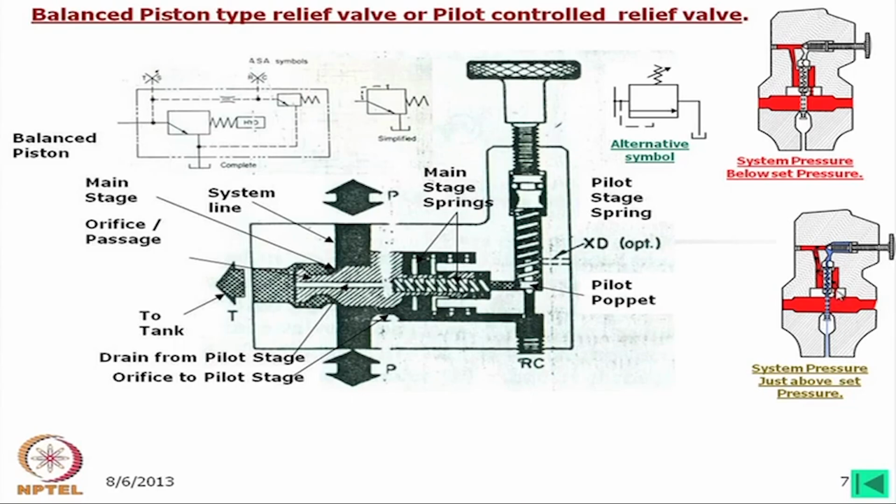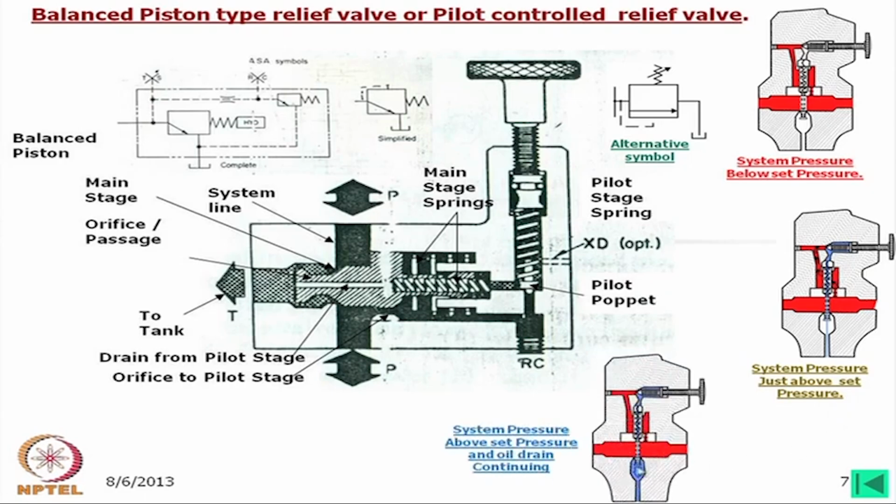So, the difference between these two pressure forces at one point will be higher than the spring force and this will open. So, ultimately this poppet will open and the flow will go through this drain line to the tank.